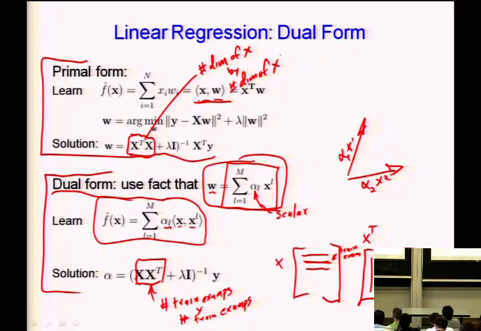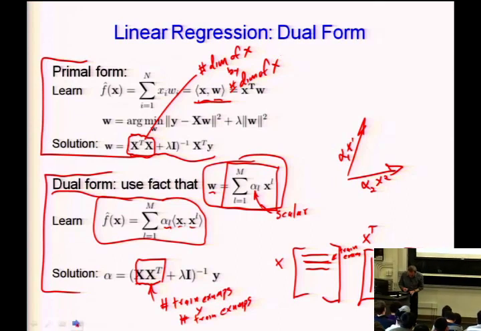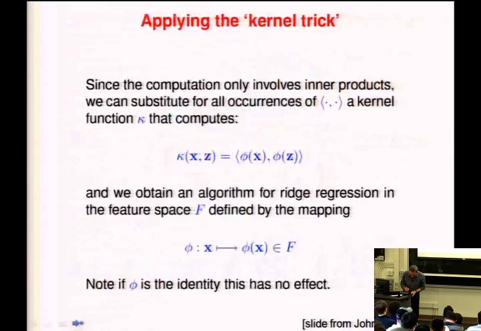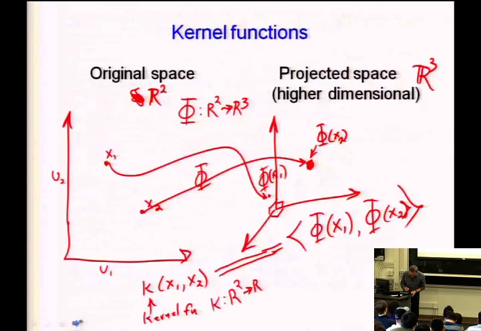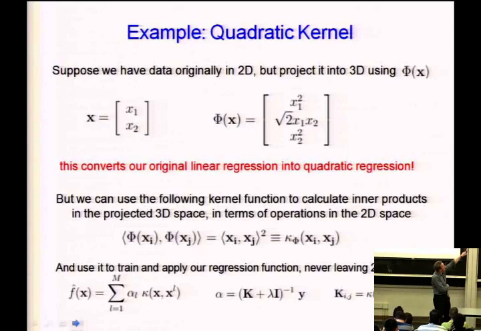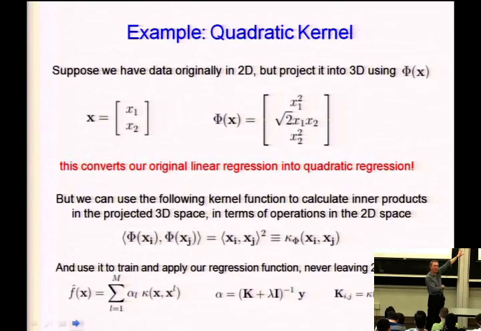And so let's take a look at an example like that. So let's play this out. Here is the projection that will take my points in 2D space into points in 3D space.